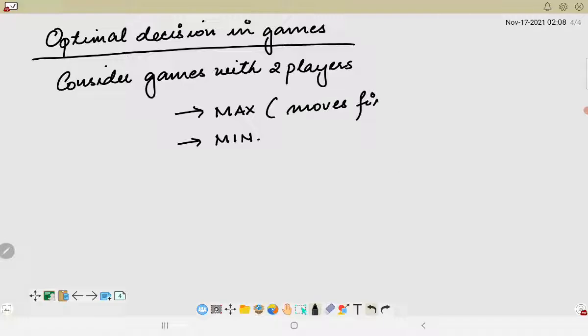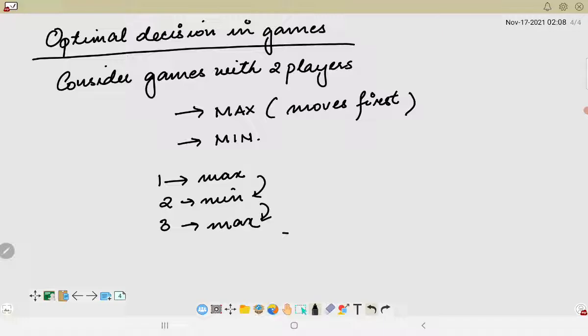That means he is the first player to start the game, and they take turns moving until the game is over. The first move will be by max, the second move will be by min, again the third move will be by max. So alternately they will be playing against each other until the game is over. Once the game is over, we can identify who has won and who has lost the game, depending on the utility values associated with the player.